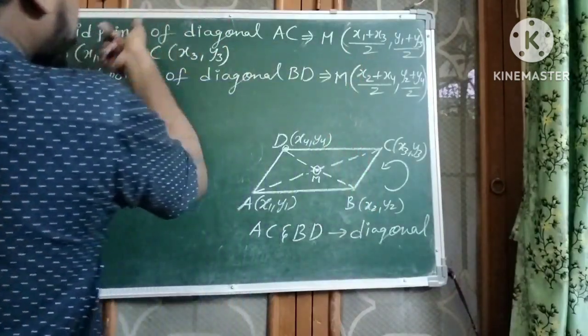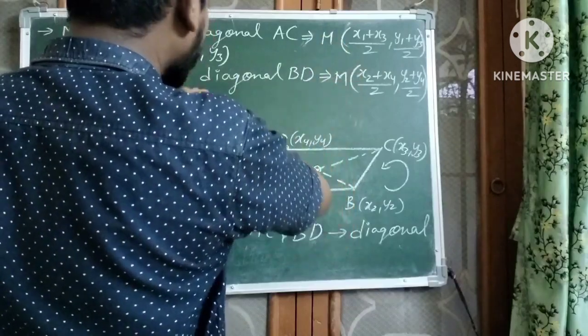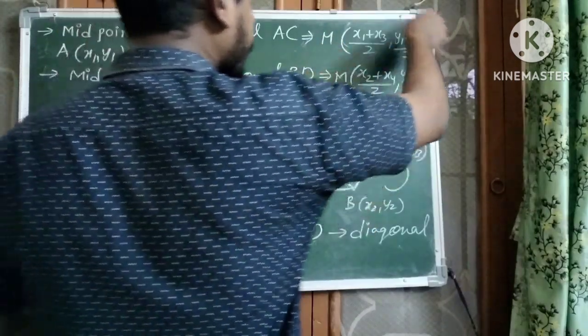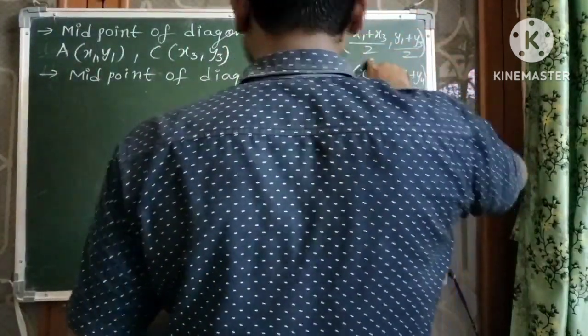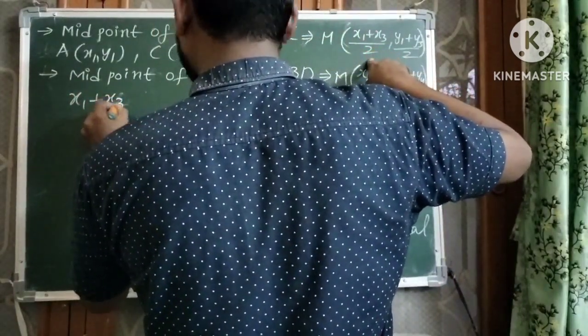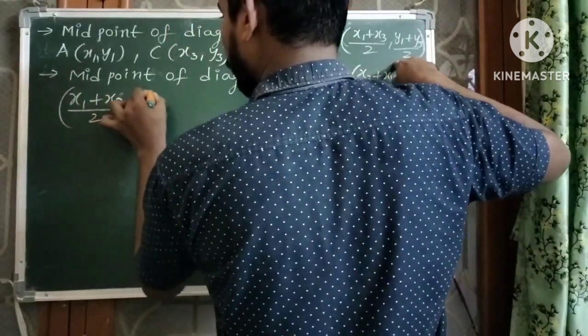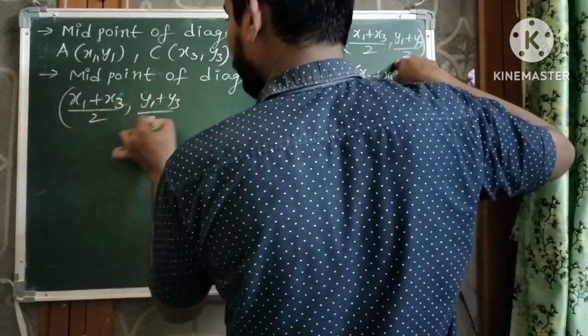So midpoint of diagonal AC is equal to midpoint of diagonal BD. So what are the coordinates of this midpoint? x1 plus x3 by 2, comma y1 plus y3 by 2.